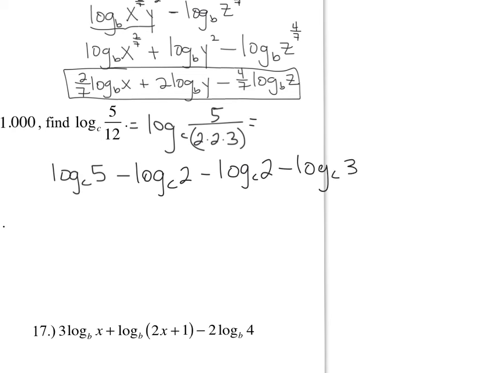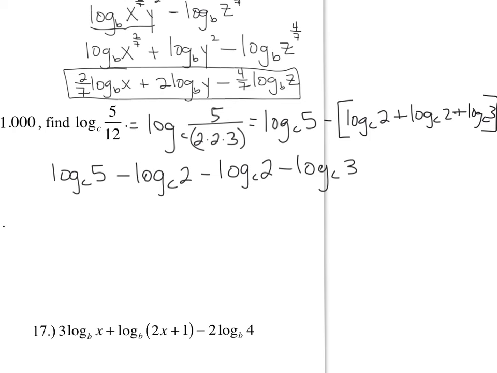Now I understand that they're all being multiplied, and maybe you're wondering, well, usually with multiplication we use addition, which is perfectly fine. Let me give you the middle step there, in case you're uncertain of how I did that. What I did was subtract the quantity log base c of 2 plus log base c of 2 plus log base c of 3.